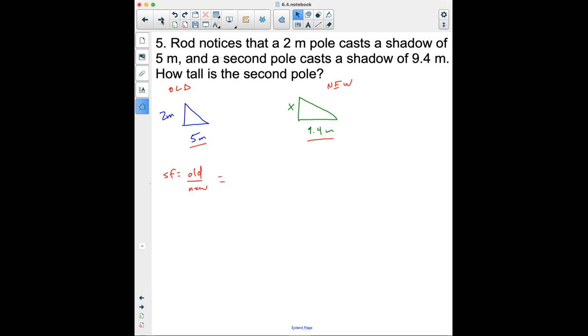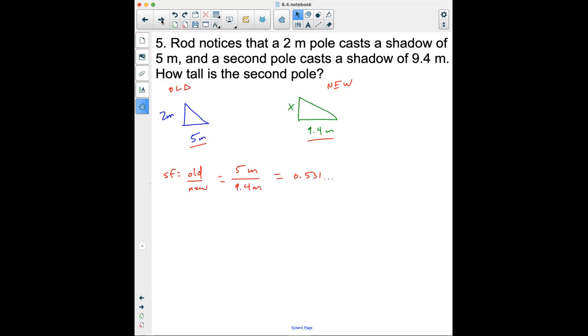The old measurement is 5 meters on those corresponding sides, divided by 9.4 meters. So that tells me my scale factor is equal to 0.531... I'm not rounding that, I'm just lazy. Now that we've found that scale factor, let's solve for that new side.